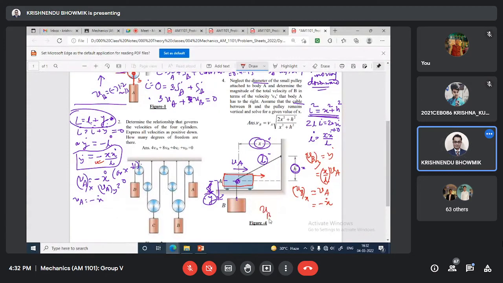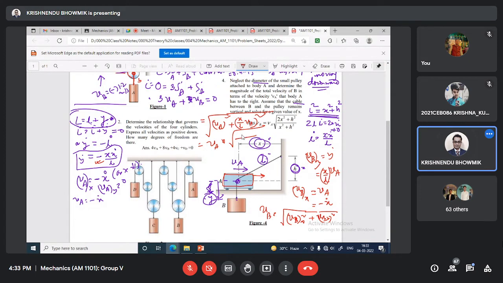Now what is VB? Square root of VBX whole square plus VBY whole square, equal to square root of VA square plus VBY, x by L VA. This square, VA will be outside. So 1 plus x square by L square.